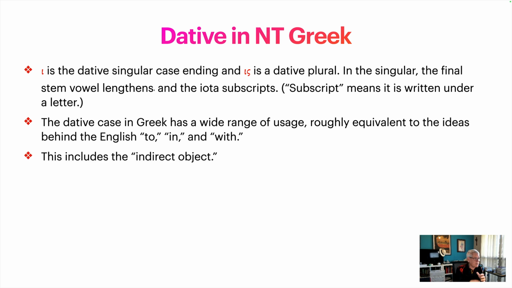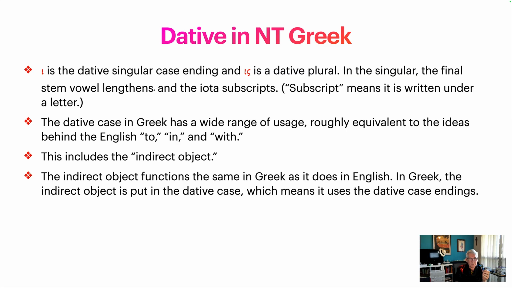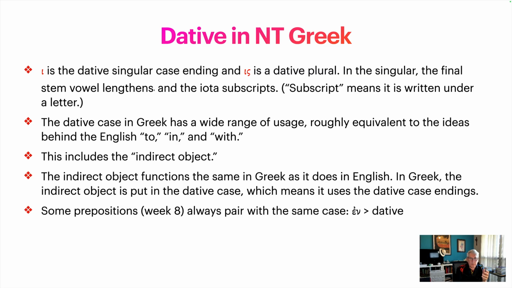And so you've got this idea of the indirect object. Okay. And we will find as we go along, and we've already seen it, but it'll become clearer in a couple of weeks' time, that various prepositions are paired with a particular case. The famous one is that en is always followed by dative case.